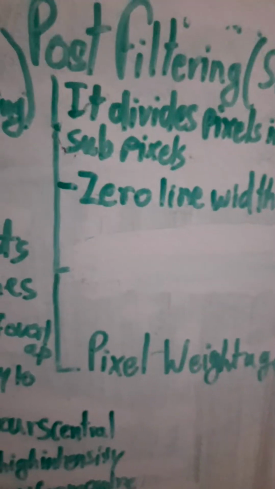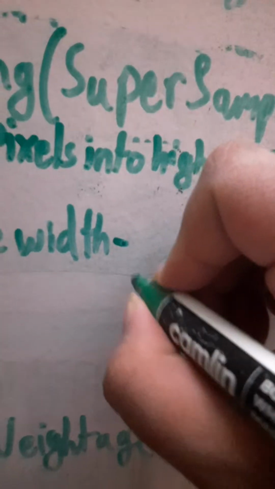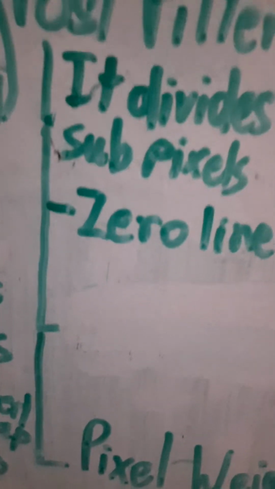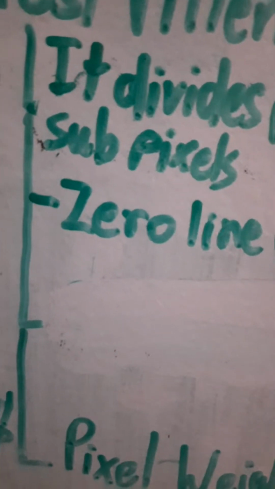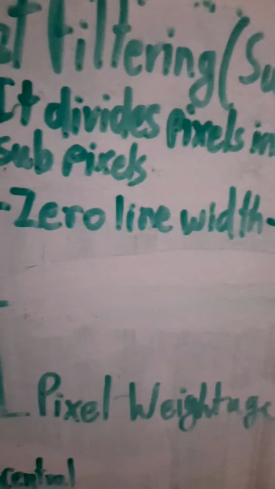In zero line width, it is a version of unweighted. It is a type of unweighted.